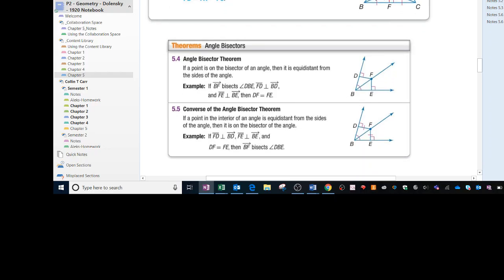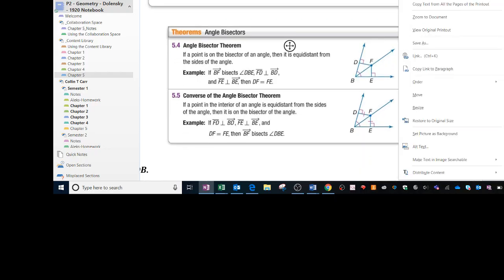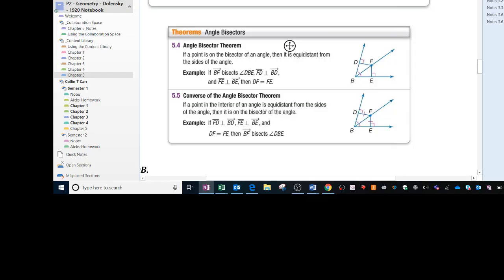The angle bisector theorem is similar to what we did above with our perpendicular bisector. It says if a point is on the bisector of an angle, it is equidistant from the sides. Okay?